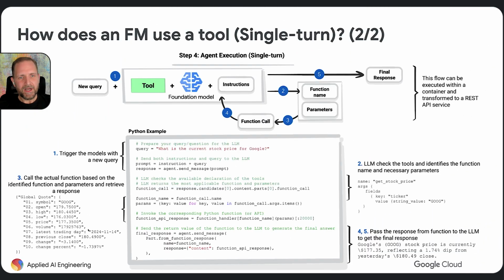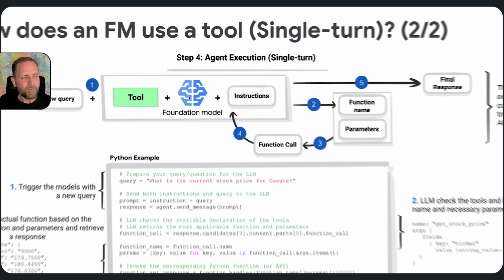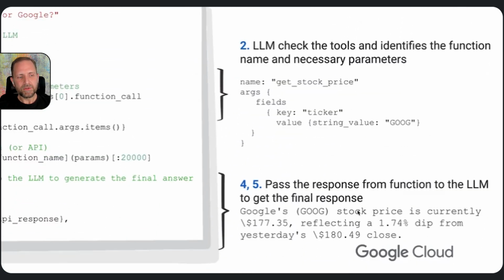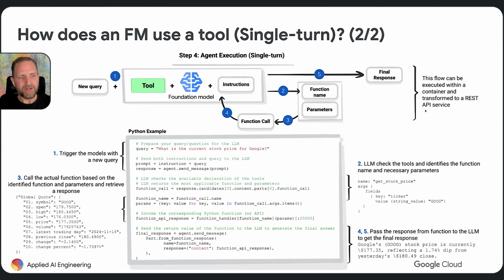We feed this output back, step 4, into the core, and now the core has enough information to answer the question of the stock price. So the core now creates the final response, which is this phrase here: Google's stock price is currently this amount, reflecting XYZ. This final response is what the core reconstructed.